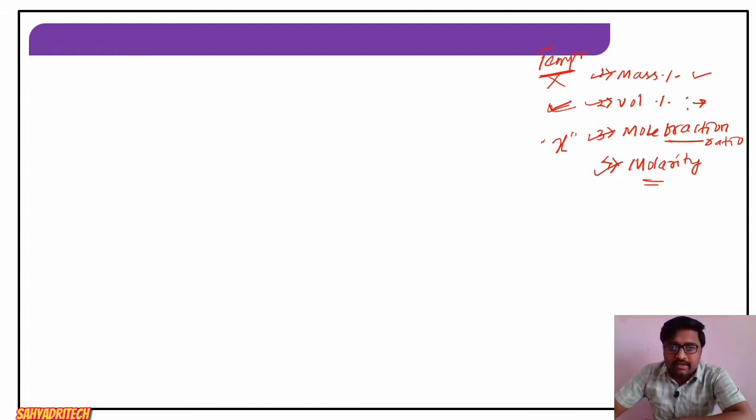Next one, mole fraction. It is the ratio of the number of moles of a component to the total number of moles. It means mole fraction is a ratio of numbers, and it is also independent of temperature. Then coming to molarity, the number of moles of solute present in 1 liter of a solution. Molarity, capital M, is equal to n by V in liters, which means there is a volume term.